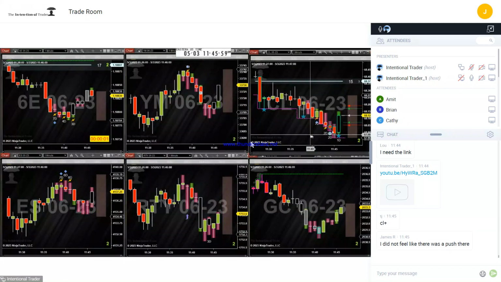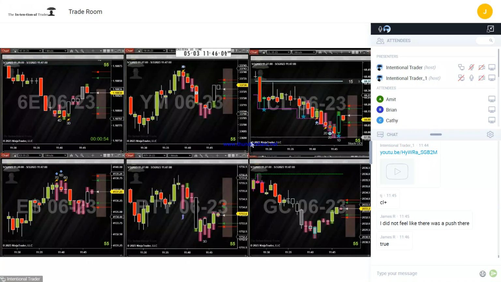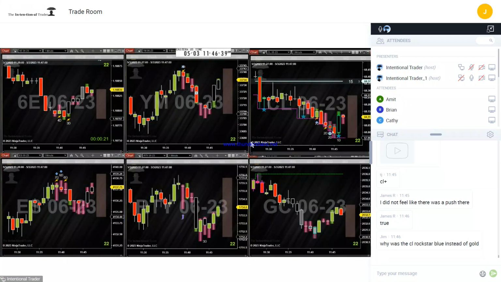If you look to the left, you're not really seeing any bars, right? Because it opened inside this zone right here.